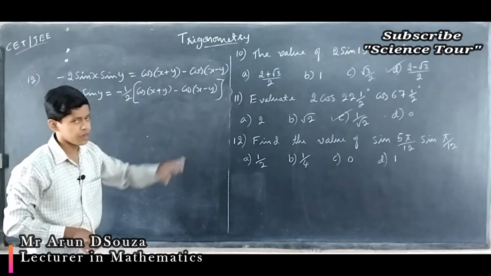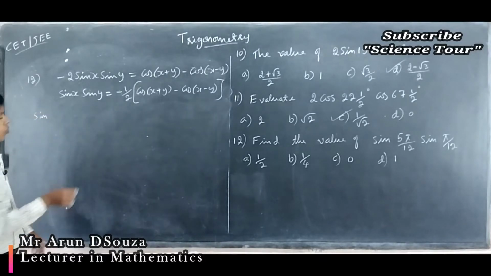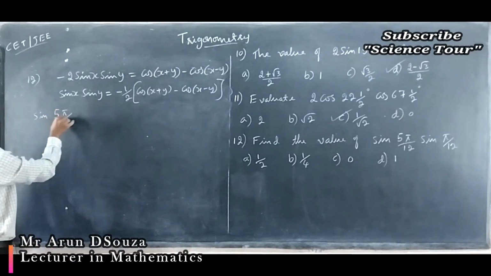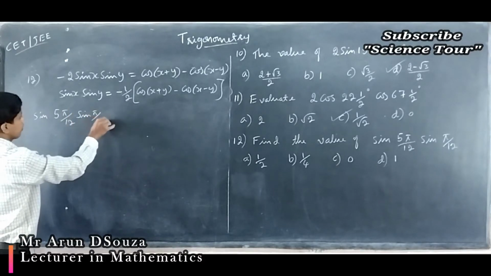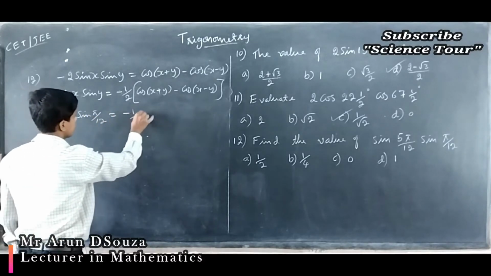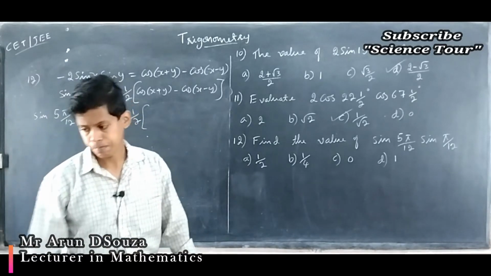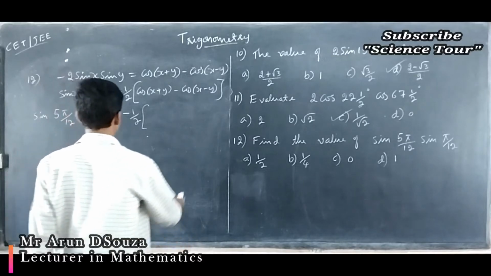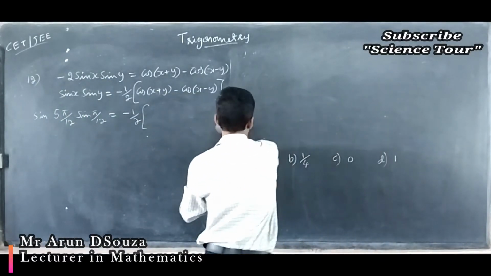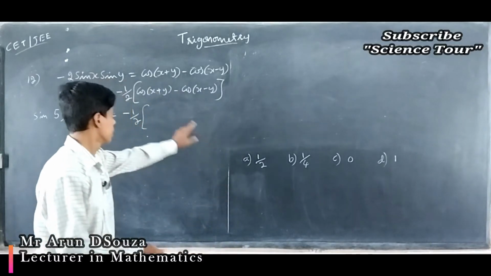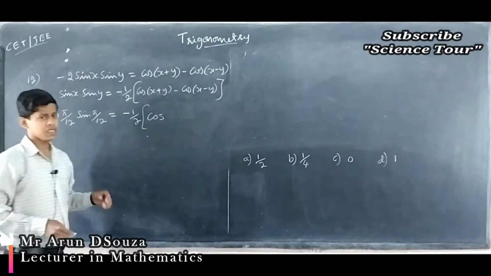So now let us write what is given. sin 5 pi by 12 and then sin pi by 12. So that is equal to minus half, and then cos, what is x plus y?